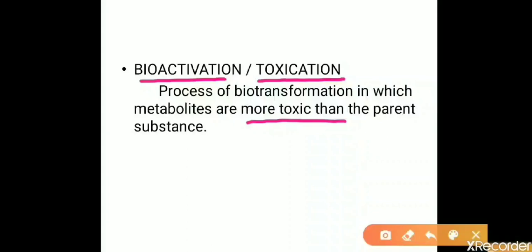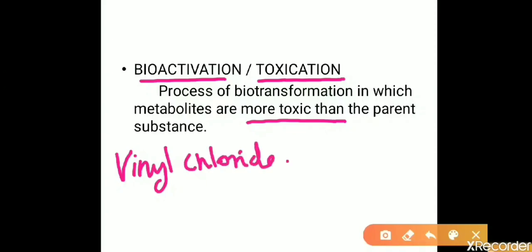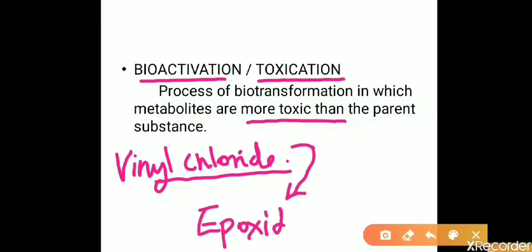The classical example is the metabolism of vinyl chloride. Vinyl chloride is a chemical compound present in plastic products. During metabolism, this vinyl chloride is converted into its epoxide form. And this epoxide form of vinyl chloride is more toxic than vinyl chloride itself.